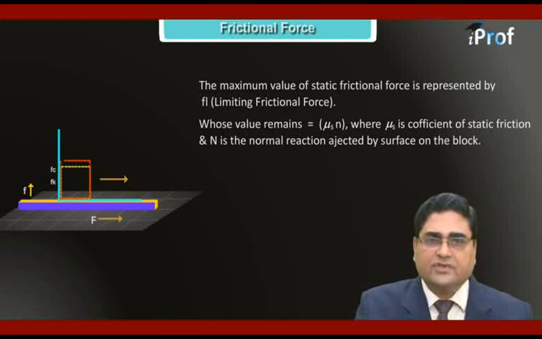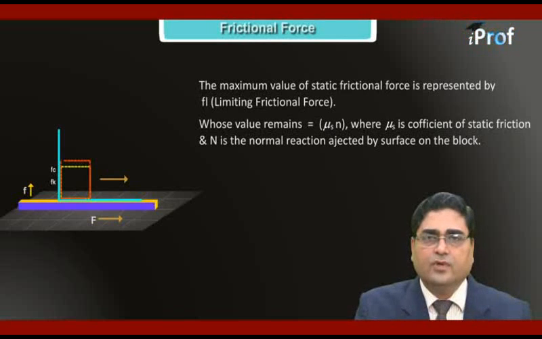When applied force is less than limiting frictional force, then frictional force is equal to applied force, which is less than limiting frictional force, and it is static in nature because the block is not moving.